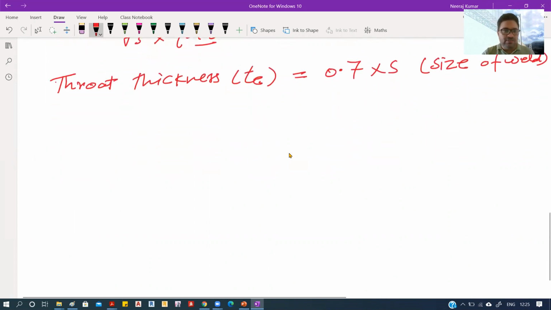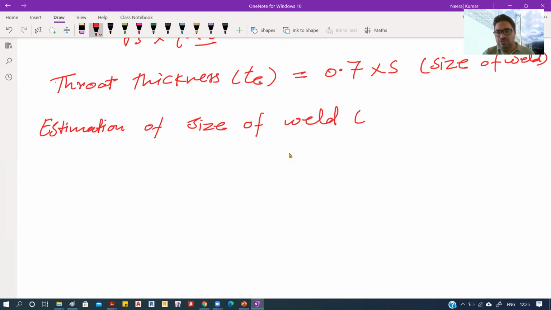So here we will write estimation of size of weld, which is S. So for this, first we will see what is the minimum size of weld.